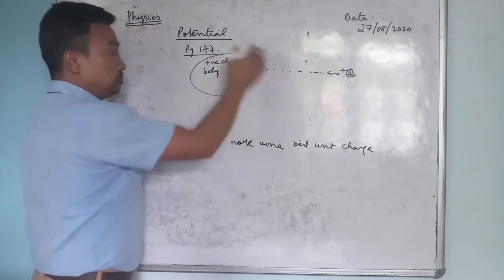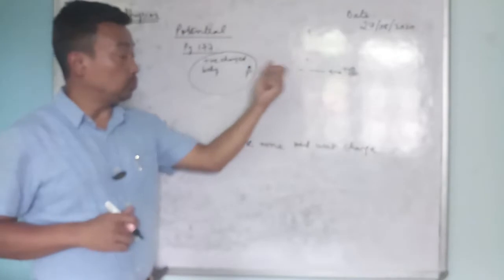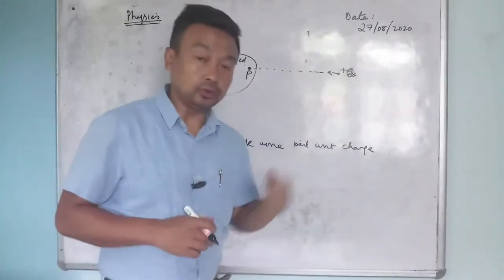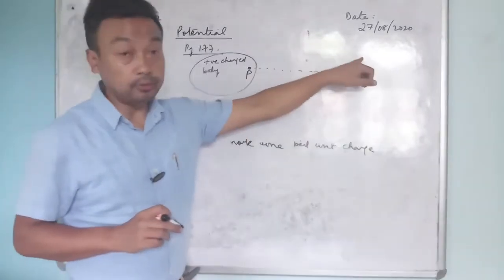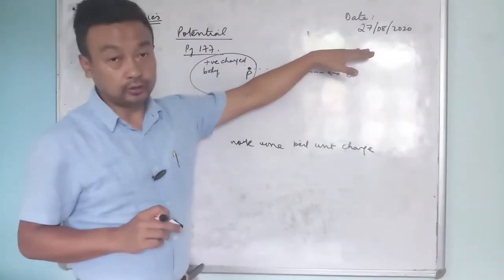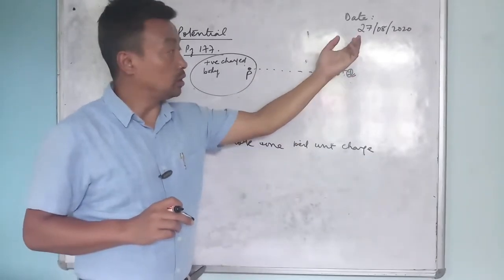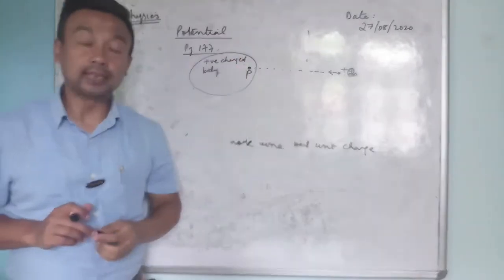So this is a region. In this region, you take one point, and at this point you are bringing a charge from infinity. So in doing so, you are doing the work. That work done per unit charge will be defined as the potential.